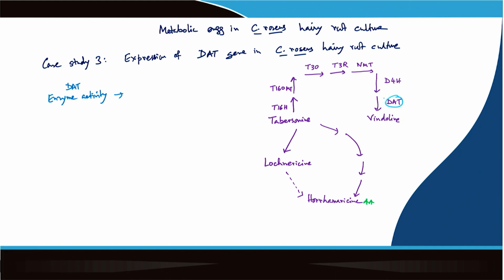But what is also known to some extent, that there are enzymes like T16H, like MAT, and then there are enzymes like T19H. So, here the MAT, and this is T16H.